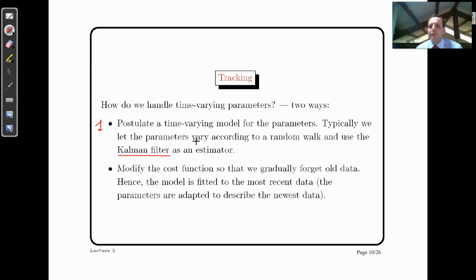Normally, if you are using a Kalman filter for estimating time varying parameters, you need to include in your model the fact that the parameter is changing.